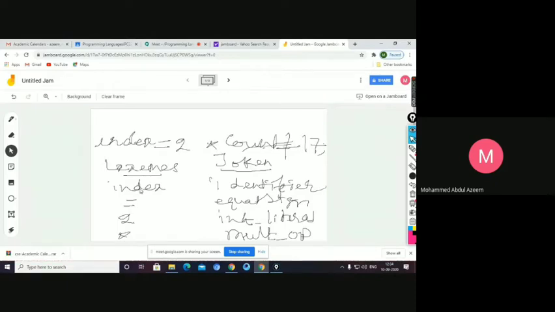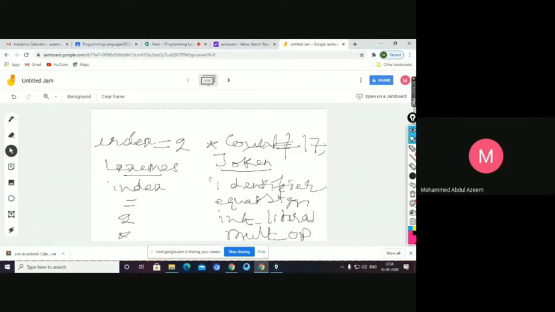How do you identify the lexemes? They are the lower level units, the atomic units of the language instruction, like index, 2, count, plus, 17. These are atomic units. They cannot be further divided. They are the lowest level of unit.